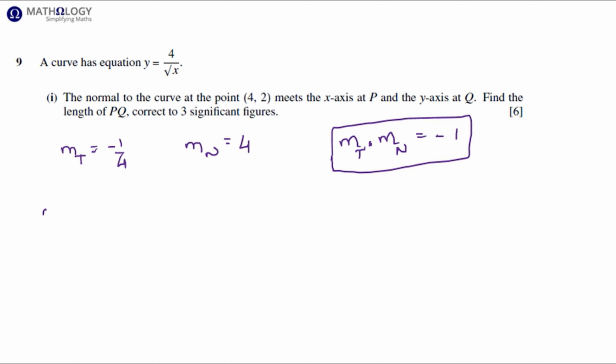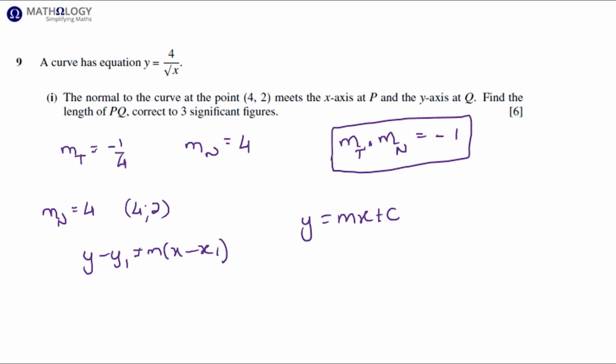Now, we have the gradient of the normal, which is 4. We have the point of contact, 4, 2, so we can determine the equation of the normal. So we'll use y minus y1 equals m times x minus x1. You can also use y equals mx plus c. It doesn't make a difference. x1, y1 is this point of contact, so x1 is 4 and y1 is 2.